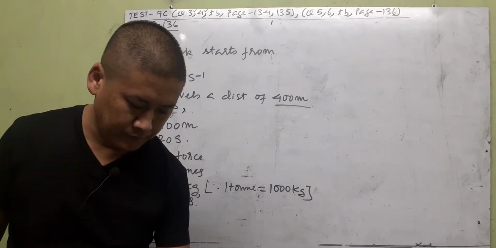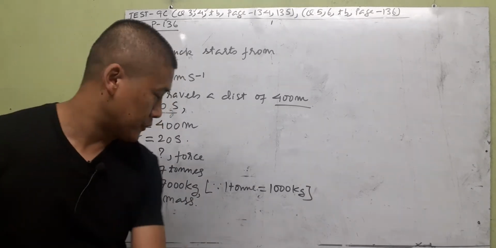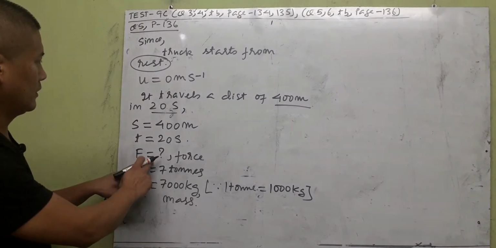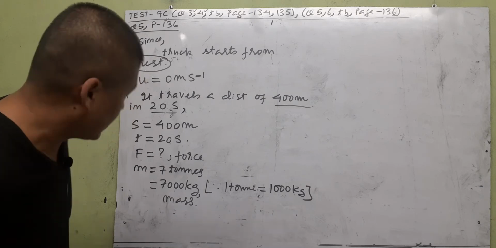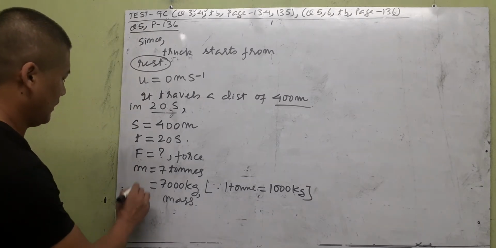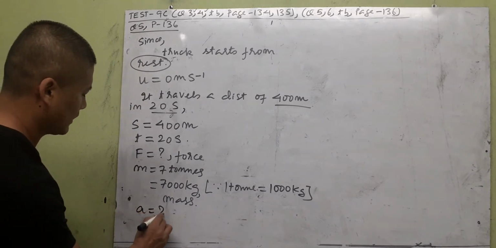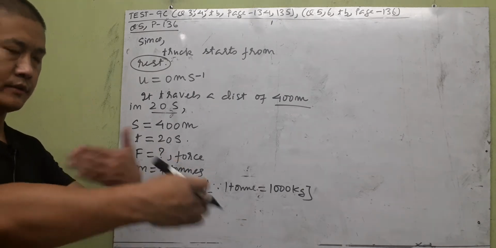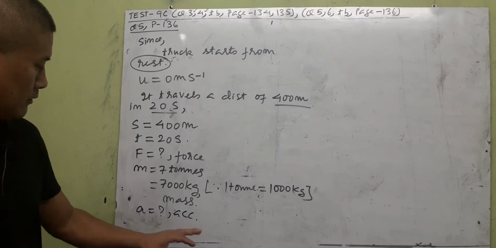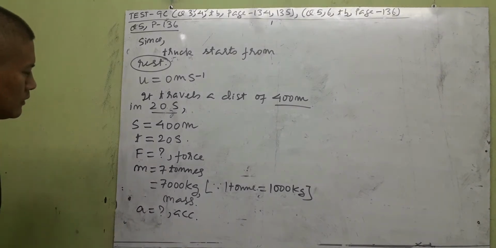With this, we have to find the force, and before that we also have to find its acceleration. So A equal to question mark, the acceleration by which it is falling down, the increase in velocity. So we will start now.